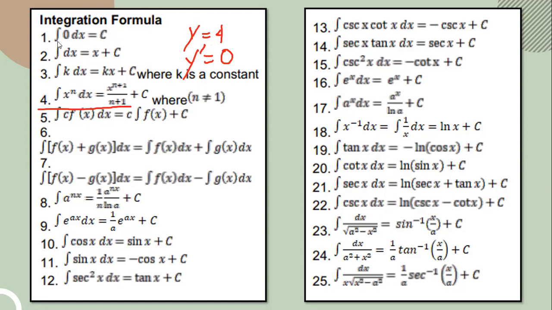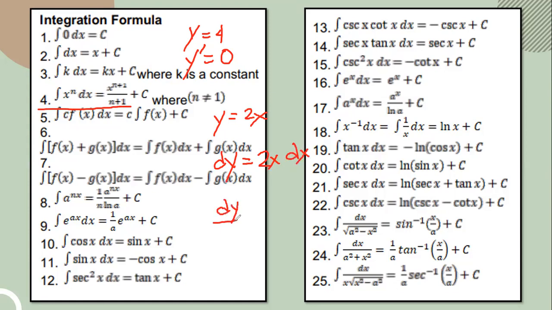Number 2, we have the integral of dx. Kapag nagdi-differentiate tayo, for example, we have y is equal to 2x. Pag dinifferentiate natin, dy is equal to 2 dx.